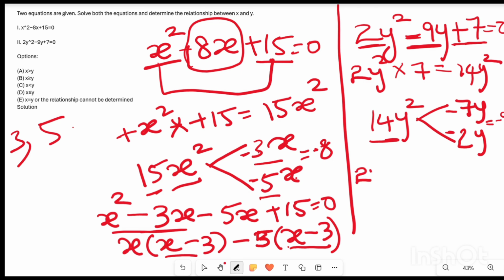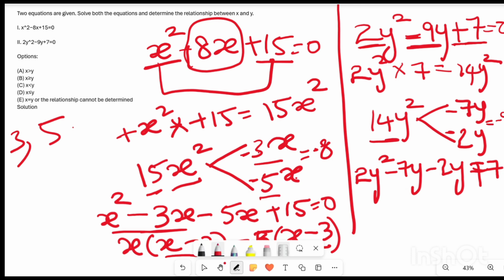We have to write it in our equation, minus 7y minus 2y plus 7. Or else we can write here 2 and here 7. So if you find the common term here, 2y is the common, y minus 1.